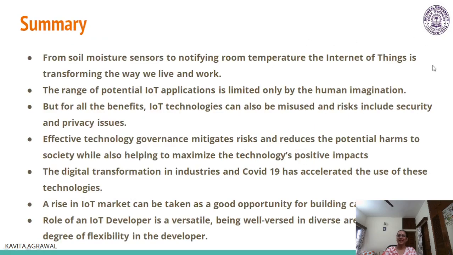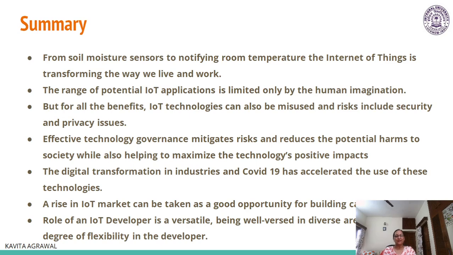So, coming to the end of my presentation, I would like to summarize it. From soil moisture sensors to notifying room temperature, the Internet of Things is transforming the way we live and work. The range of potential IoT applications is limited only by human imagination. It is unlimited. It will go as far as we want to take it.